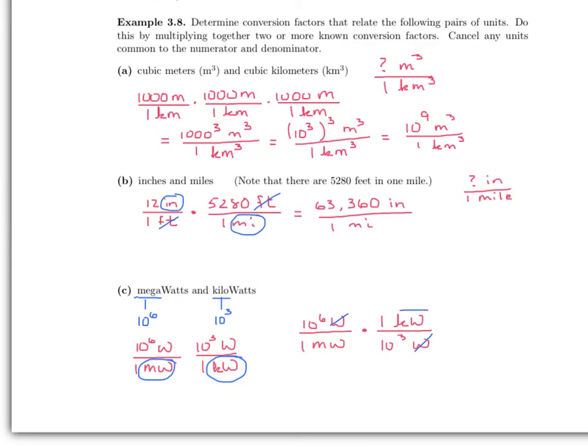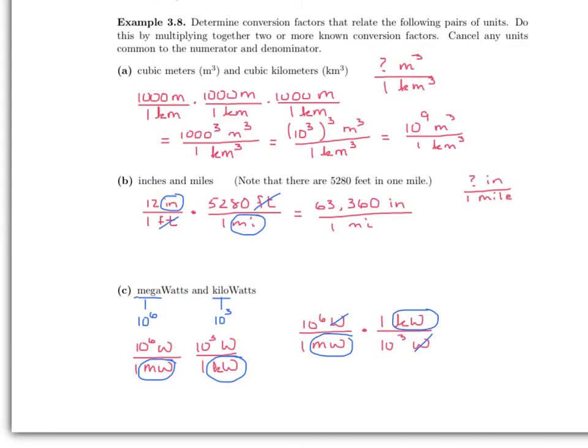What's left are kilowatts in the numerator and megawatts in the denominator. So when we are done simplifying this product, we will have kilowatts in the numerator, megawatts in the denominator, and we'll be able to say how many kilowatts there are in a megawatt. So we will have found the conversion factor for these units.